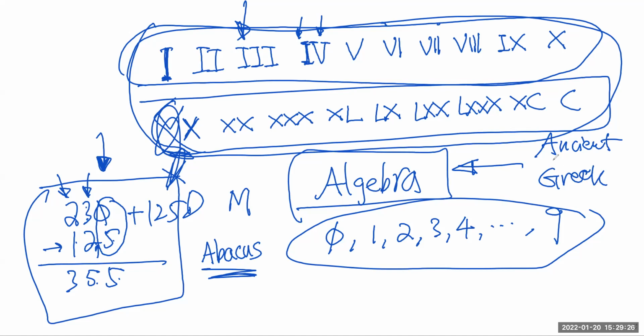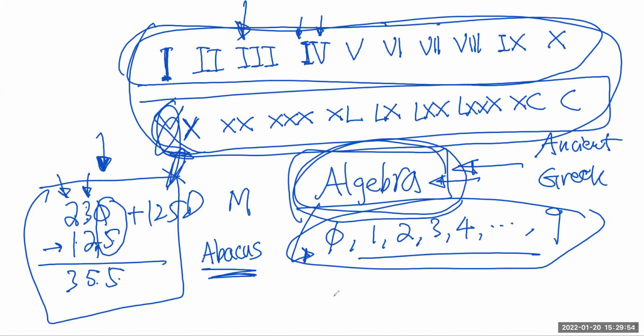So they actually translated a lot of ancient Greek texts into Arabic, and then the Europeans learned from the Arabs, from their translation of ancient Greek, because the ancient Greek books and all that, most of them were destroyed or lost. So the Europeans learned from that. So that's why this numeral is called Arabic numeral.